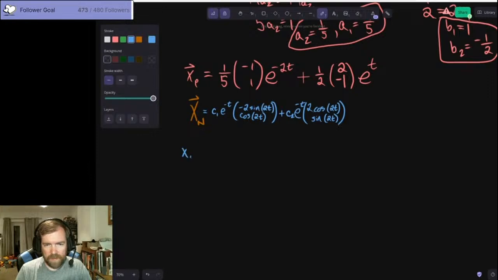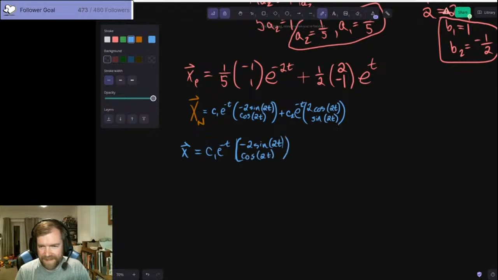It's going to be our x vector equal to c1 e to the negative t, negative 2 sin 2t, cosine 2t, plus c2 e to the negative t, 2 cosine 2t, sine 2t, chicken scratch.